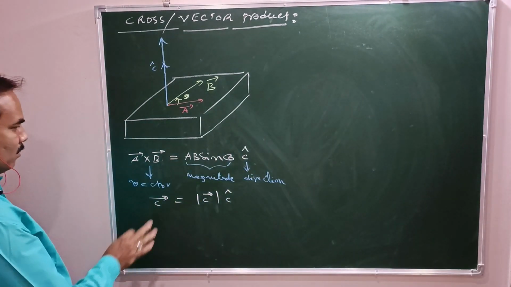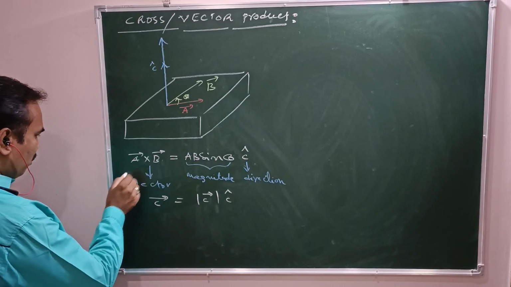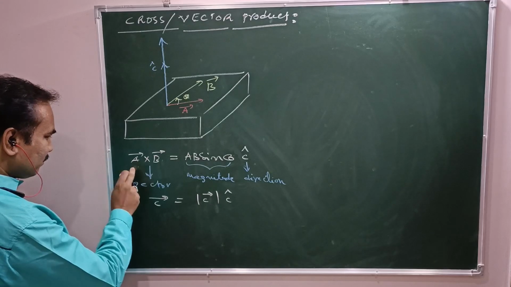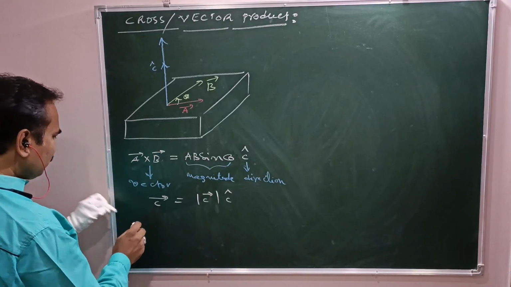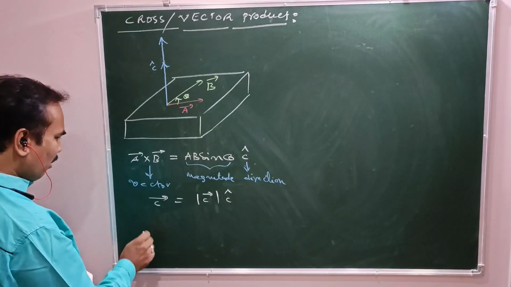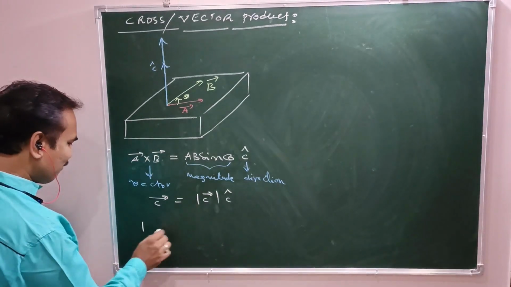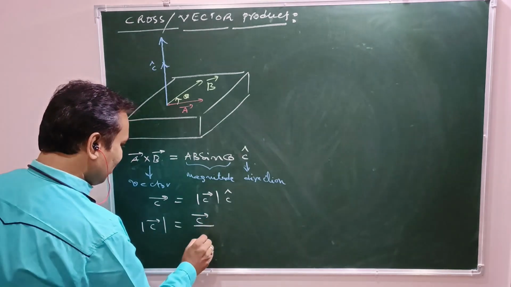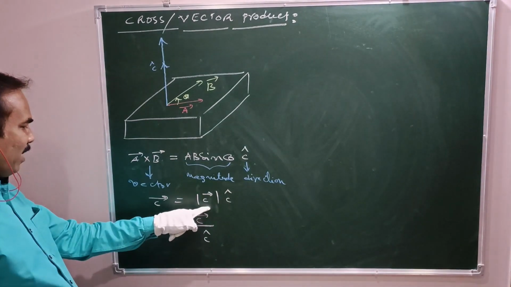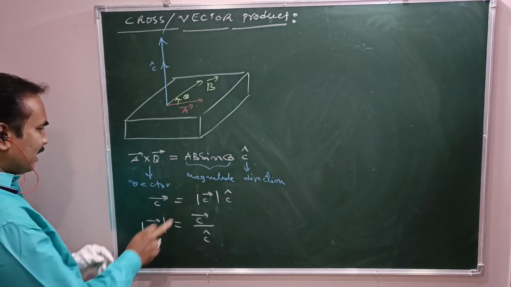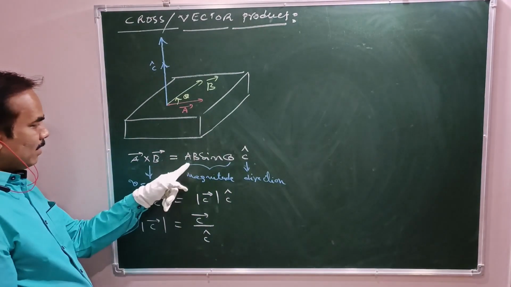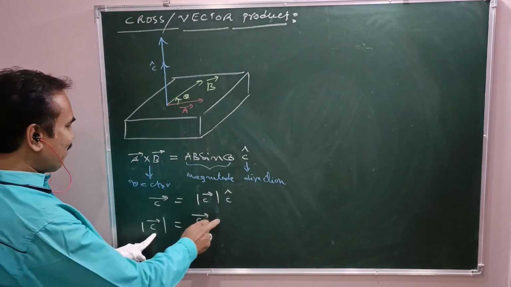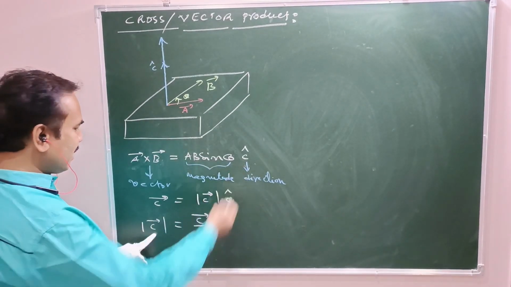Now mod of A bar cross B bar, I am taking the modulus. From this relation, mod C bar equals C bar by C cap. That is, mod C bar means AB sin theta here. C bar means A bar cross B bar, divided by C cap.